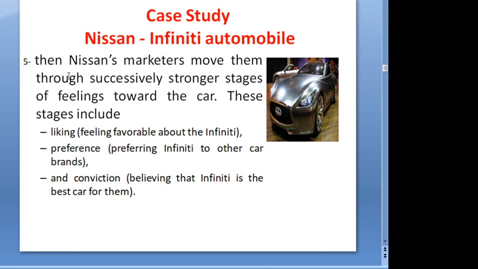In this stage, Nissan's marketers started to build a relationship with the customer by making the customer feel favorable about the Infiniti, and then they prefer Infiniti to other car brands, and they believe that Infiniti is the best car for them.